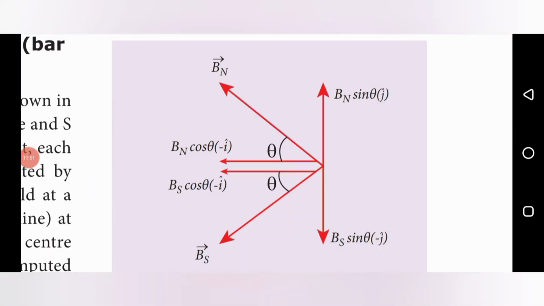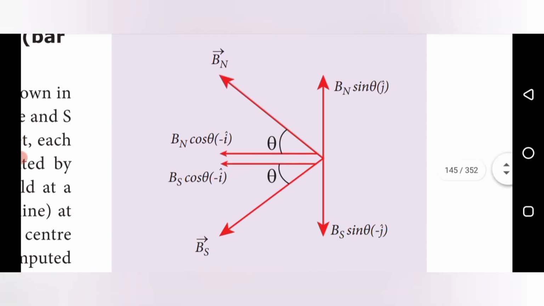Like in this picture, the resultant of Bn and Bs is there. It can be split into two components, Bn sin theta and Bn cos theta, and the Bs value is also divided into two components, Bs sin theta and Bs cos theta. The sin theta components cancel each other because they have equal magnitude but different direction, so we only have to take the cos values.